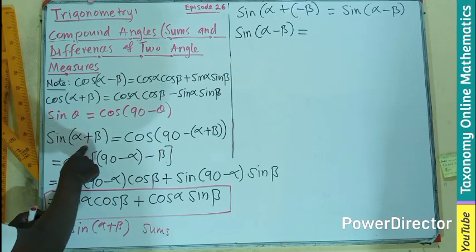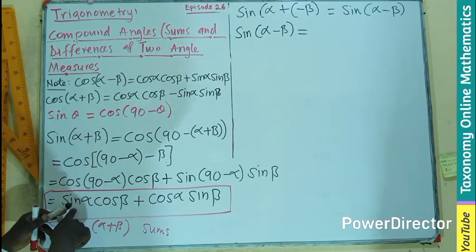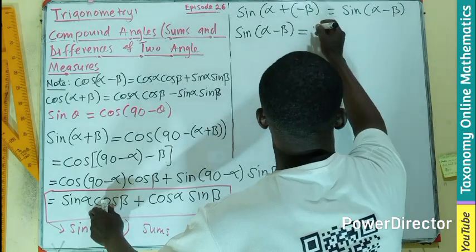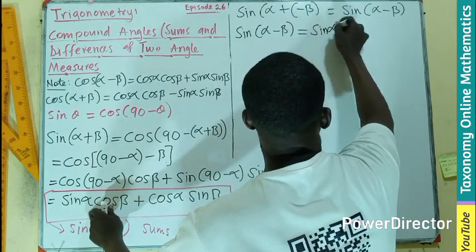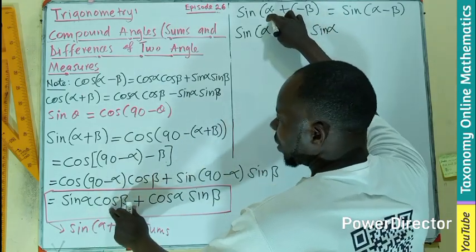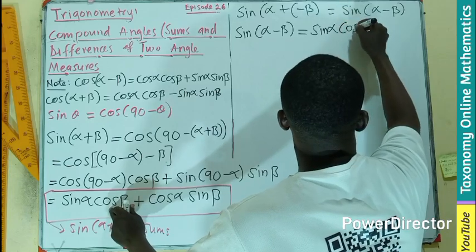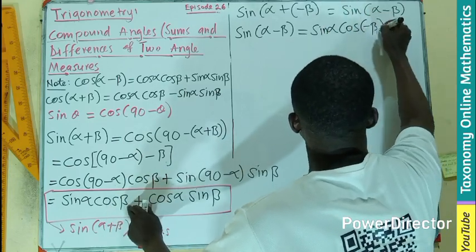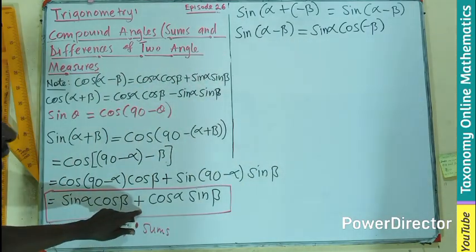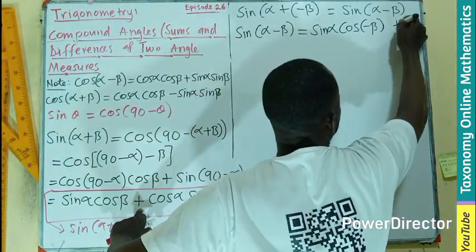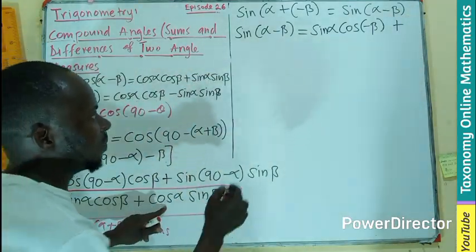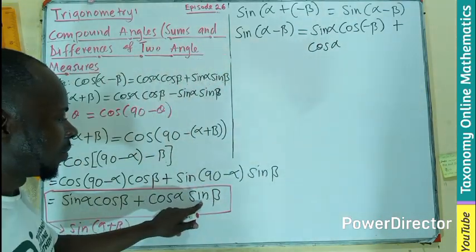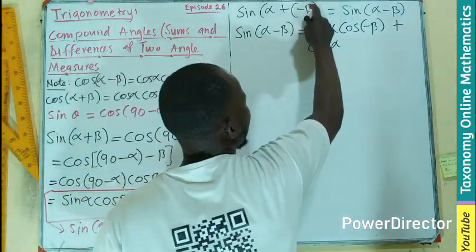And how do we find the sum of a sine? The first one will be sine of the alpha, which is the first angle, times the cos of the second angle, which is now going to be negative beta, plus, this plus will come, then cos of the first angle times the sine of the second angle.